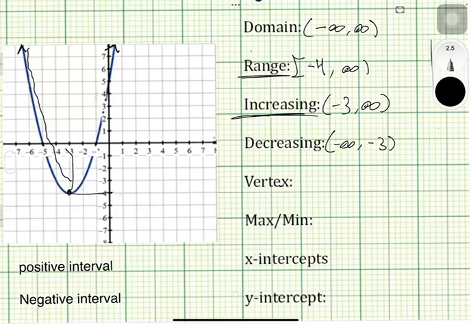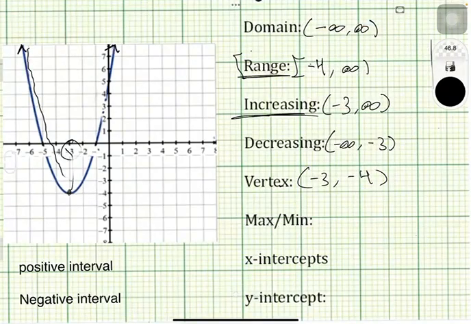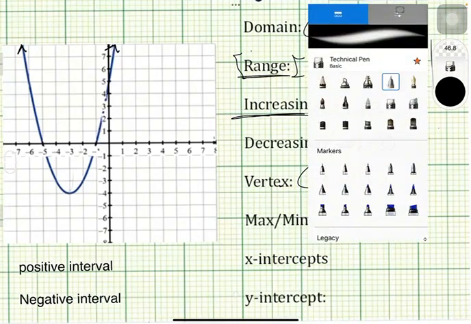You take this x, which is -3. I said we do not need the y except for the range, but this is the value of the vertex where it sits. So the vertex is (-3, -4). Leave the maximum and minimum for later, since it needs more explanation, or for the end of the lesson.